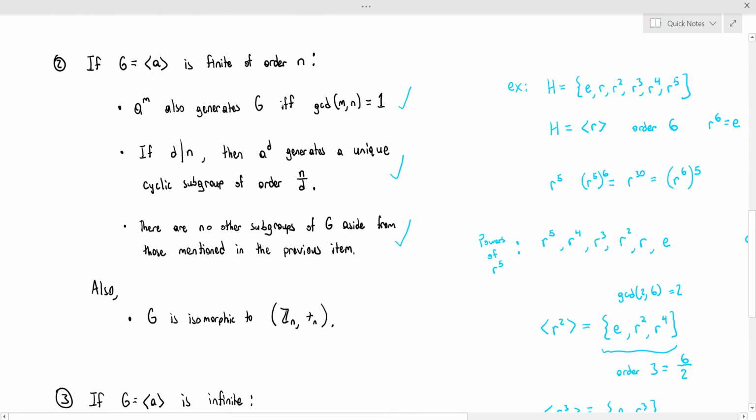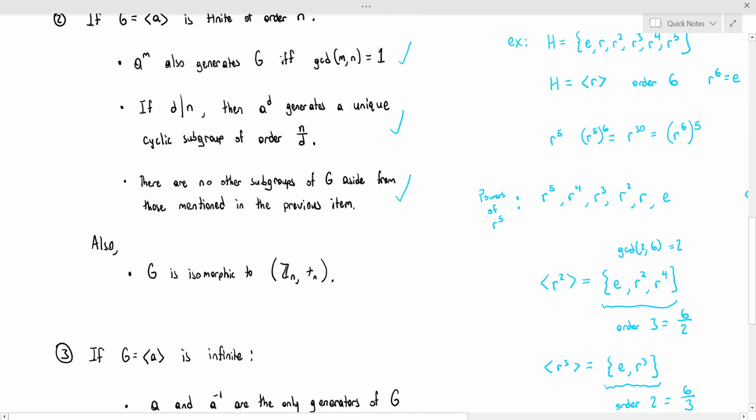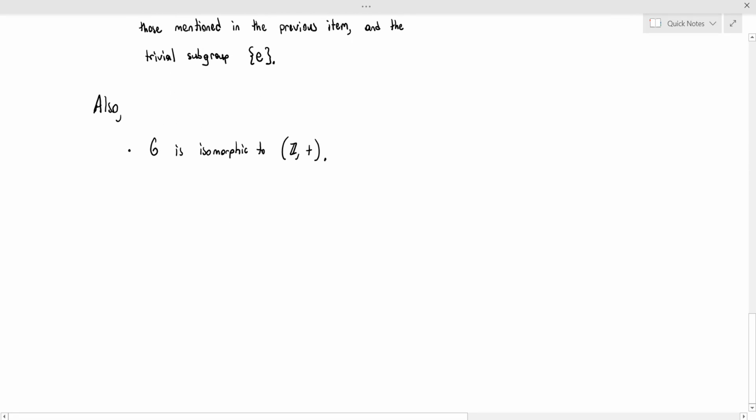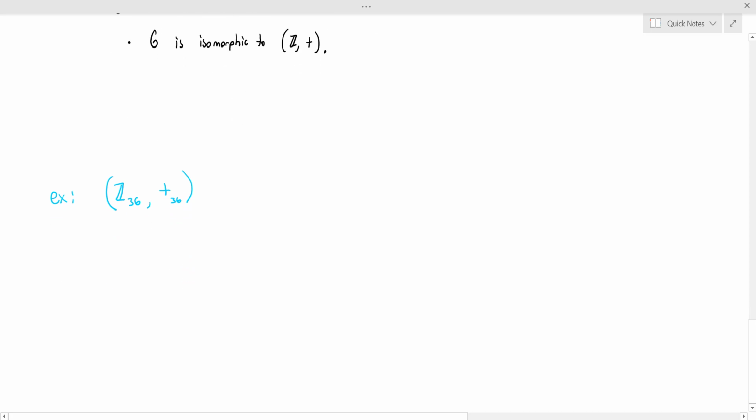Now, I want to focus more on the finite cyclic group, so let me just do one more example. So I think the example that I was asked to do was an example of the group Z36 with the operation being addition modulo 36. Okay, so first, what is this group?